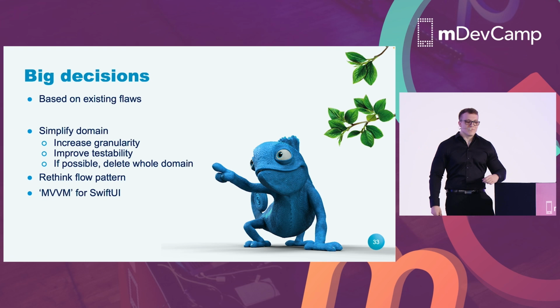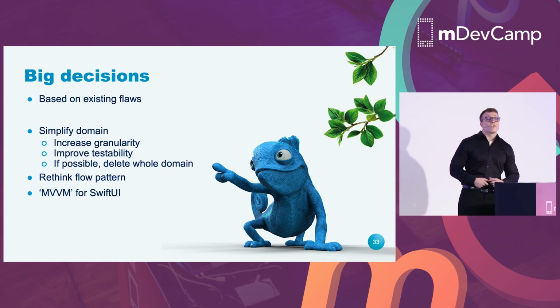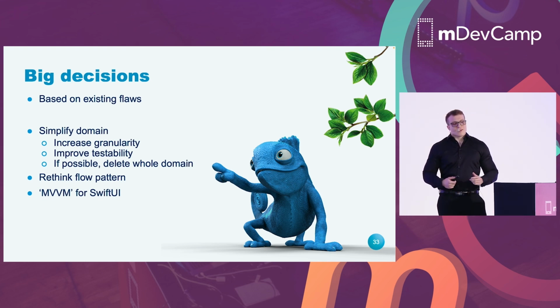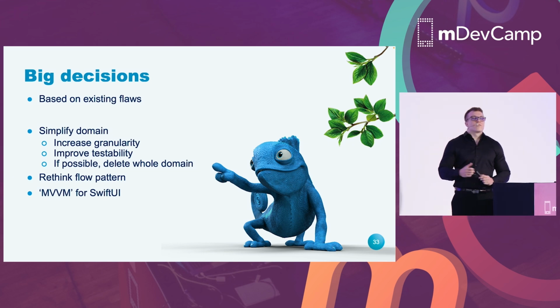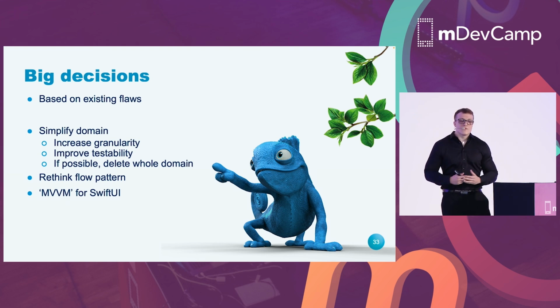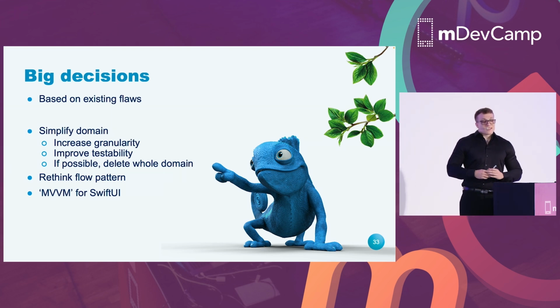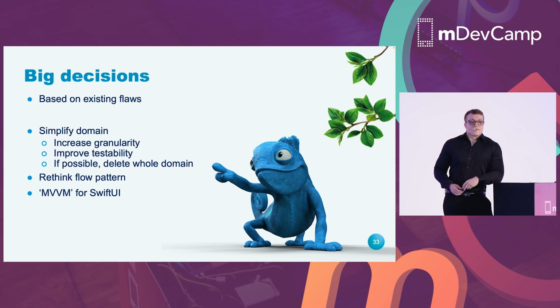So we made some big decisions based on the existing flaws I mentioned. First, flows had their life cycle handled manually, so we should rethink how we handle flows. Simplify the domain, make it more granular, break it into little pieces that we can test, and we can link only if needed.